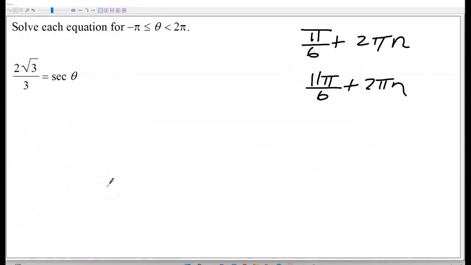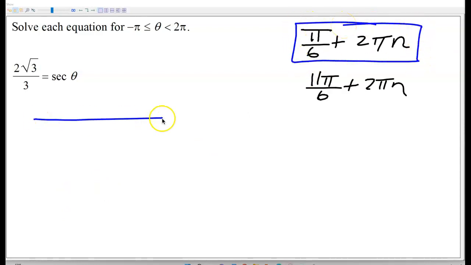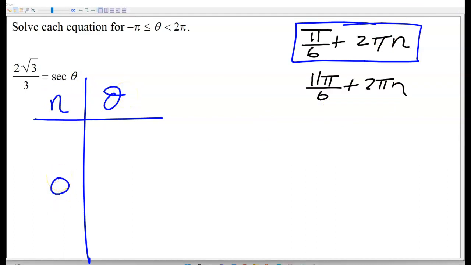All right, so I'll do the first one here in blue. So we're going to pick numbers for n and get our answers for theta. So of course we want 0. That's pi over 6.